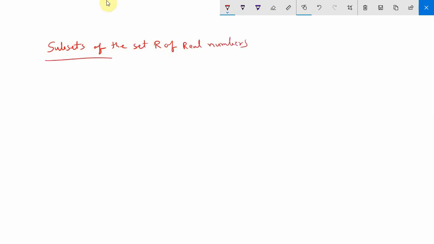Under this, we will discuss some important sets of real numbers. All the natural numbers, all the integers, all rational numbers, and all irrational numbers will be subsets of real numbers.